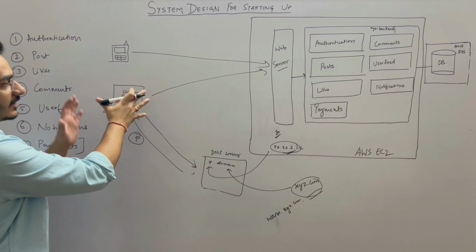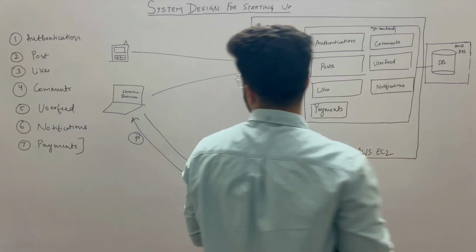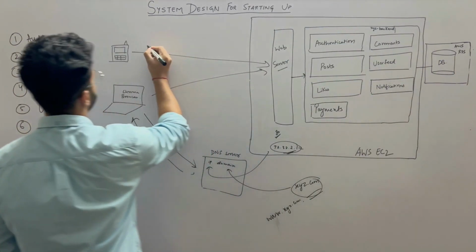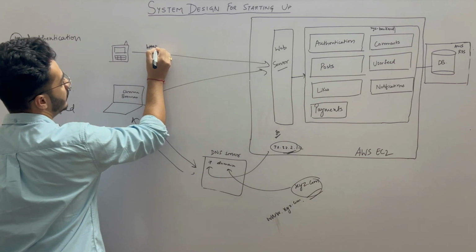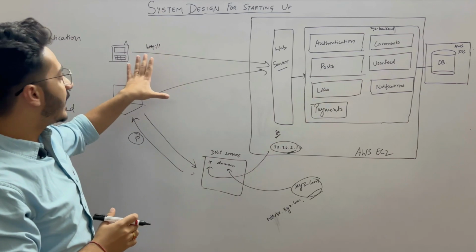And now the browser will make a direct request to the server using this IP address. Suppose you made a request over HTTP. I'm not talking about HTTPS right now because you have not configured it yet.